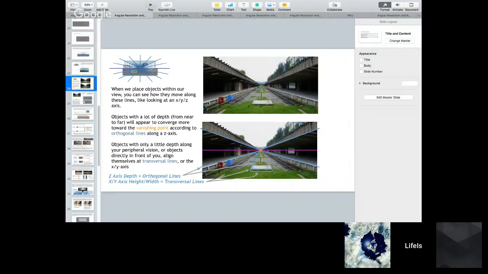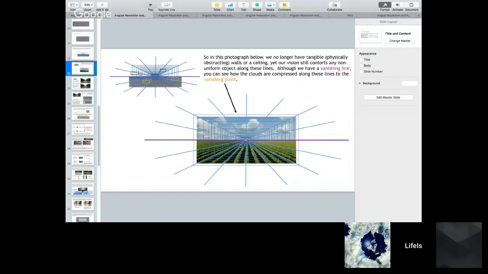Someone made a great point about photos like this. Take this point right here, this row of crops just below the purple line and just right of my vanishing point.